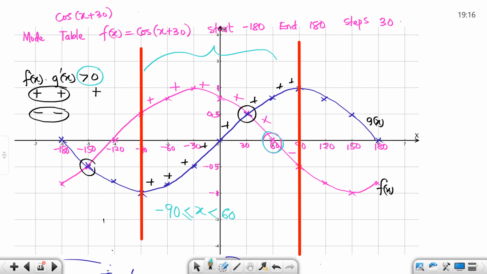Went back to my domain and we realized that the examiner is saying negative 90. You see, there's a block bracket, which means your reading should start from 90, with 90 being part of it. And then, hold on. We shouldn't put 90. Let's check. What is the gradient here?